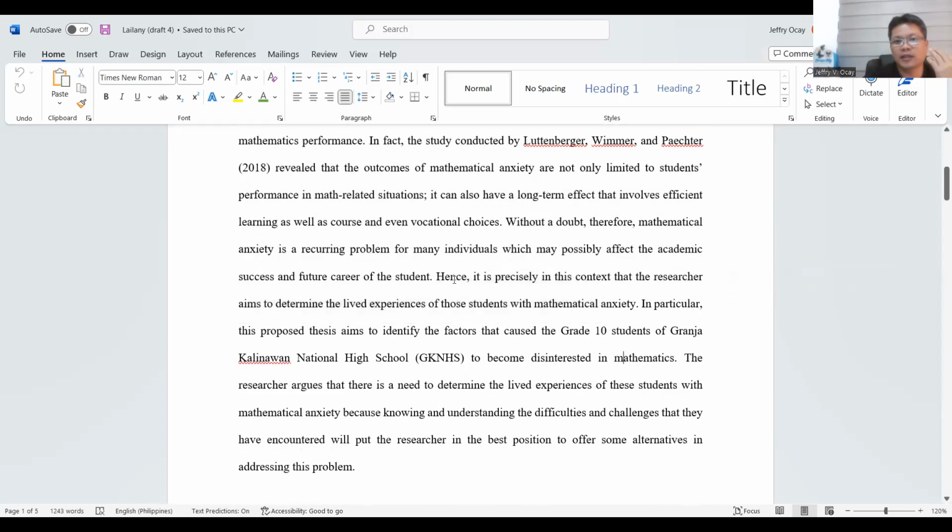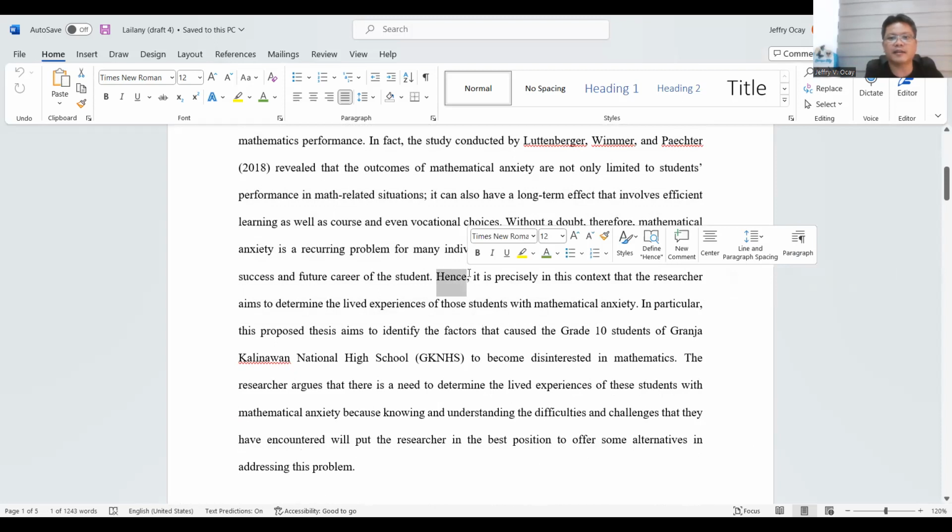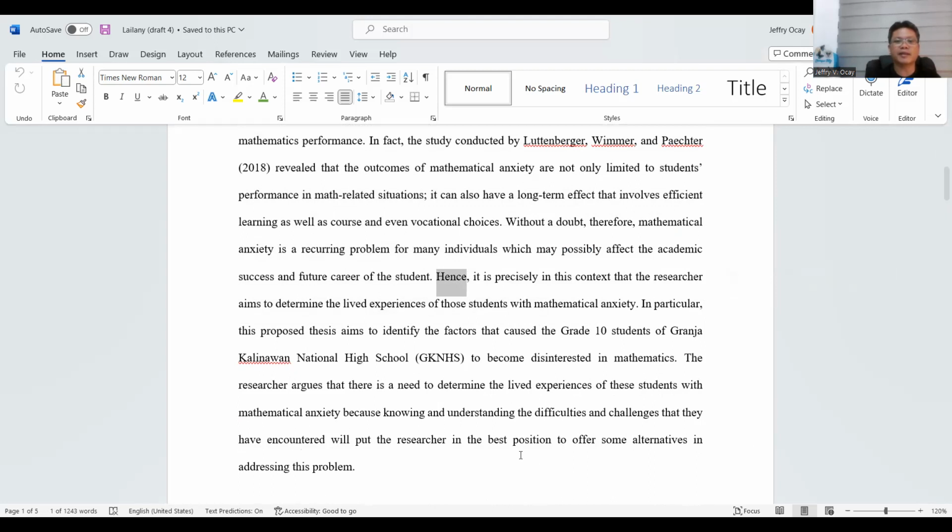So the research goal in the next sentence reads, hence it is precisely in this context that the researcher aims to determine the lived experiences of those students with mathematical anxiety. In particular, this proposed thesis aims to identify the factors that cause the grade 10 students of Granha Kalinawan National High School to become disinterested in mathematics.